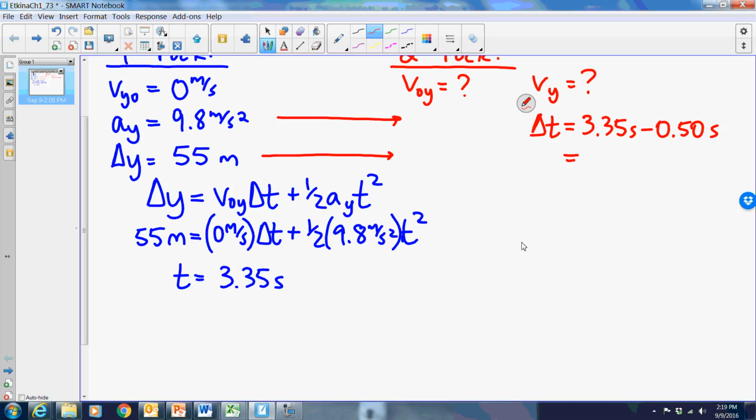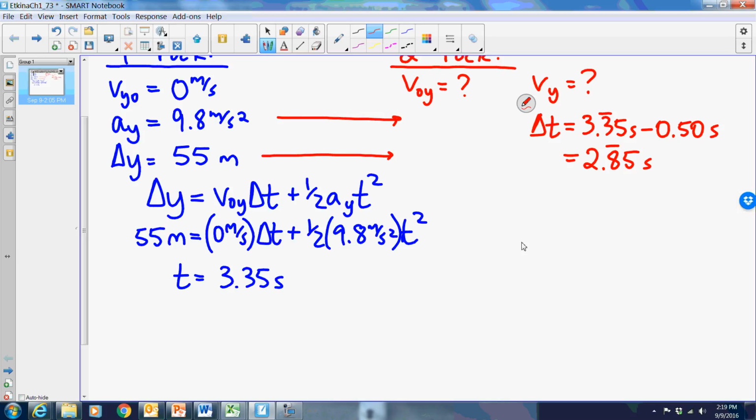Okay. If we do that subtraction, we get 2.85. Again, I'm keeping an extra sig fig around here just for grins. Okay, so that's the time that the second rock has available.